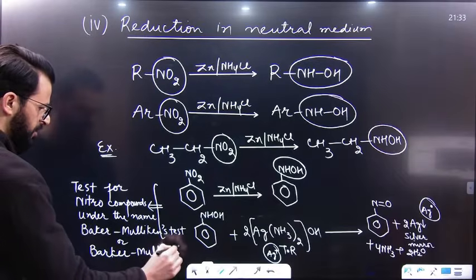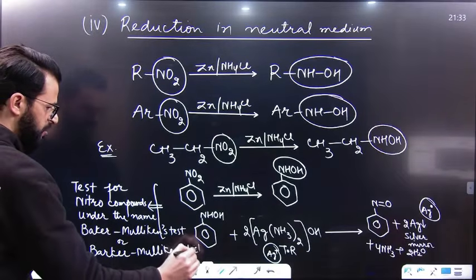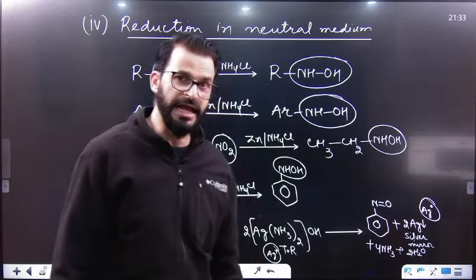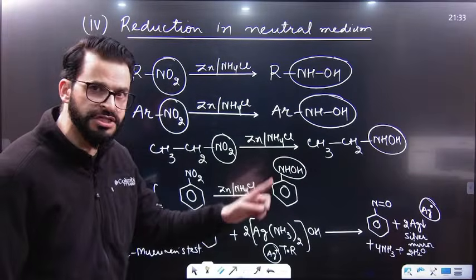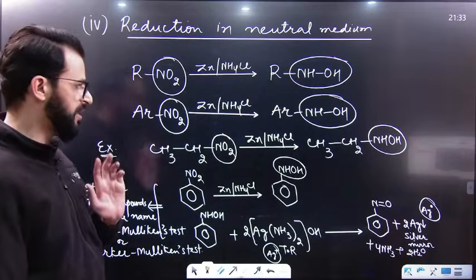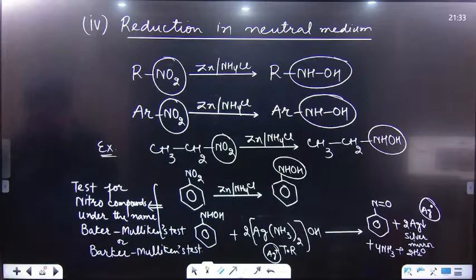So this reaction can be used as a test for nitro compounds, because here silver mirror will be obtained. That means that Tollens test or silver mirror test is also given by hydroxylamines. I hope this is clear to each and every one.